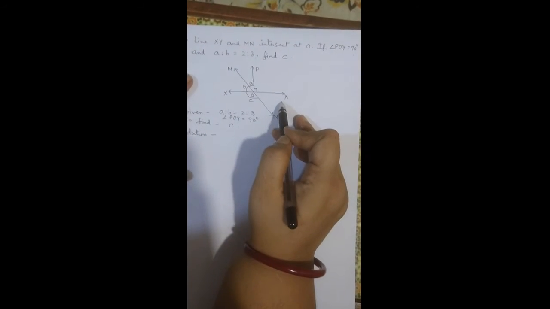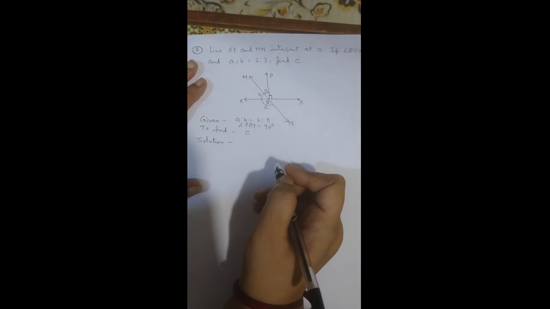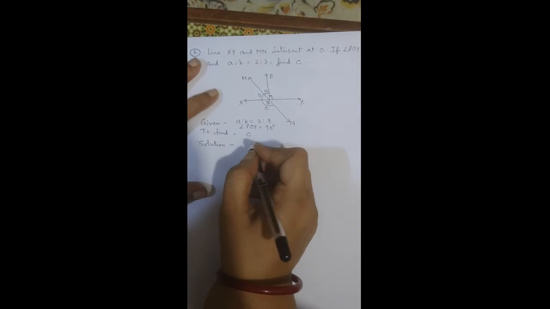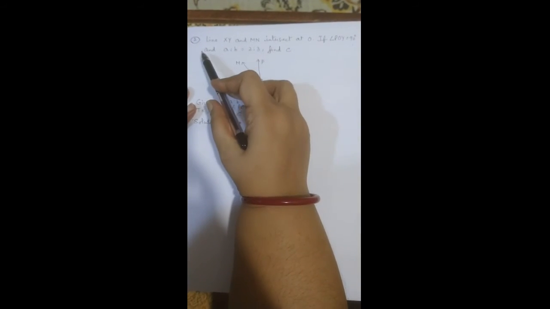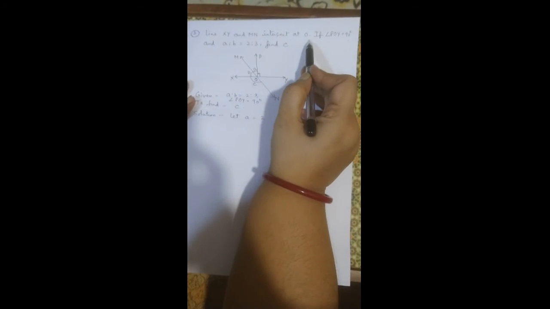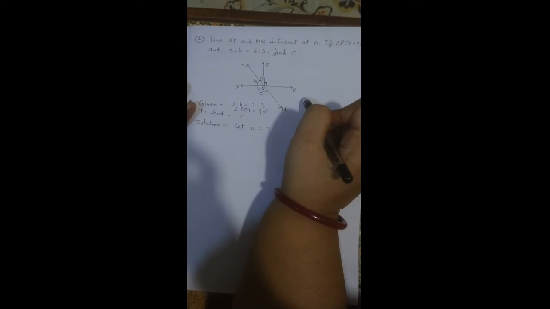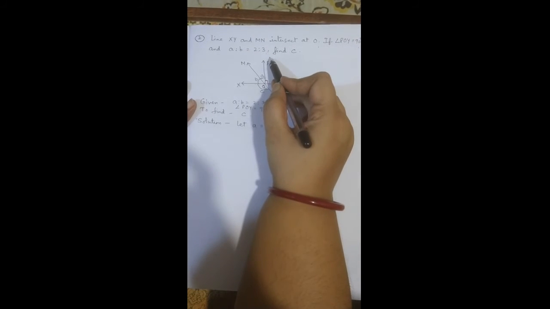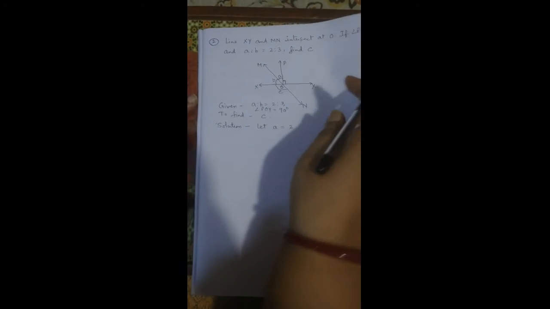Now the solution. Question number 2 of 6.1: lines XY and MN intersect at O. If POY is 90 degree and A is to B is 2:3, find C. The figure is given.